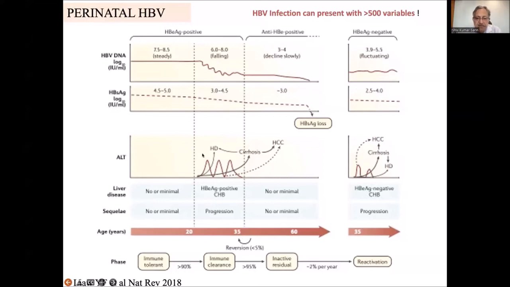These patients may develop cirrhosis or liver cancer. I'll not go into details, but this is the natural history of mother-baby transmission. And in India today, 90, 95% of hepatitis B is mother-baby.